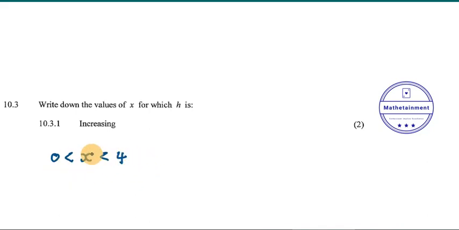So you can write this, or you can write it in interval notation, or you can write it like this. So it's where x belongs to this. So this is the set of elements where the graph is increasing, provided that x belongs to the real numbers.